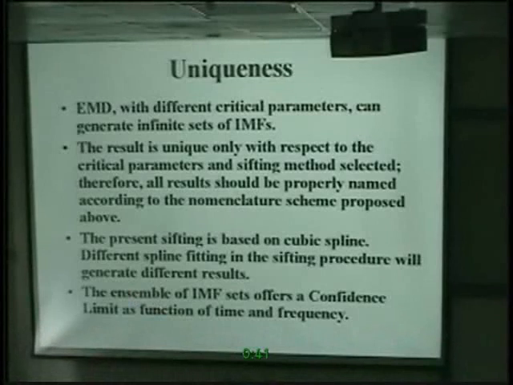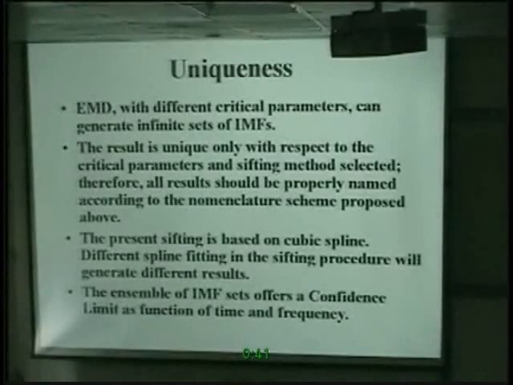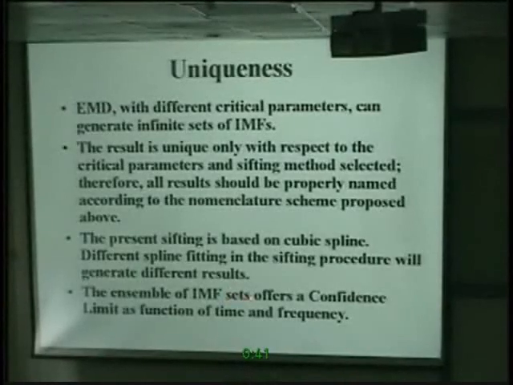You use one method, you generate one result. I try another criteria, I get a different result. How different are these two results? Are they really different dramatically, or is the difference very, very small? If the difference is small, then we'll get a mean, and we will treat that mean as our answer.